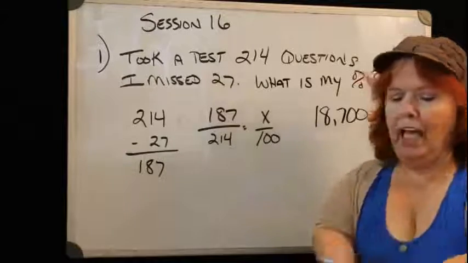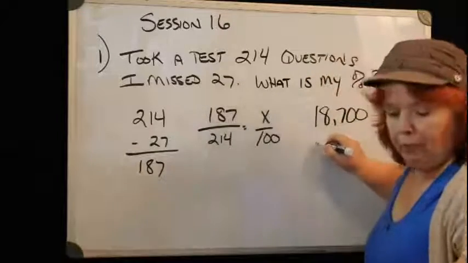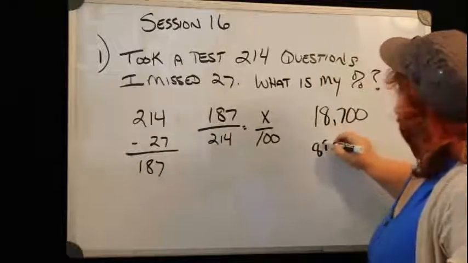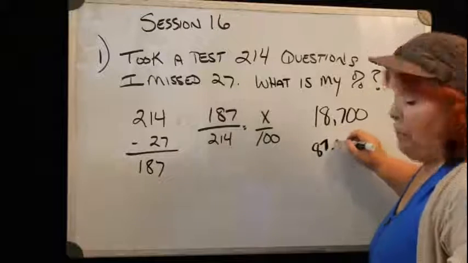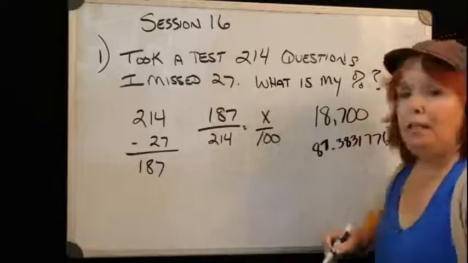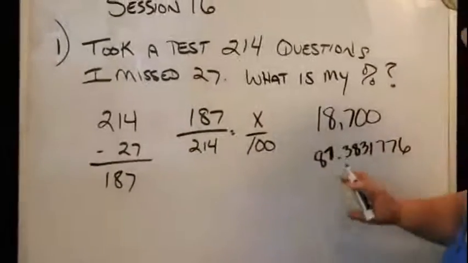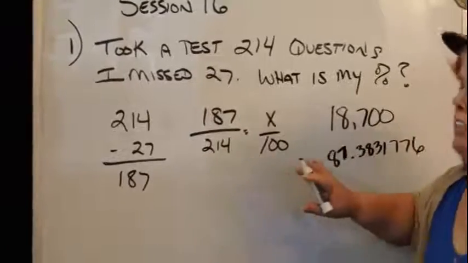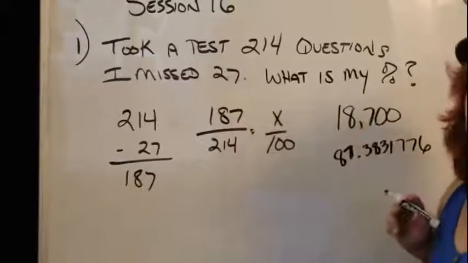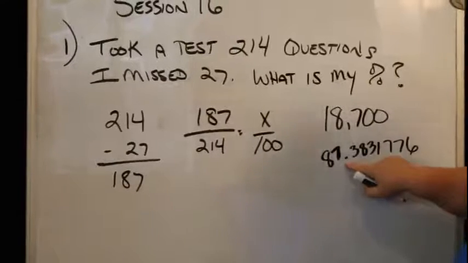214 equals, and I get a number that looks like this: 87.3831776. My calculator goes that far. Your calculator may not. But I really just want a number that stops at the ones column. So I go over here. This is my decimal point right here.